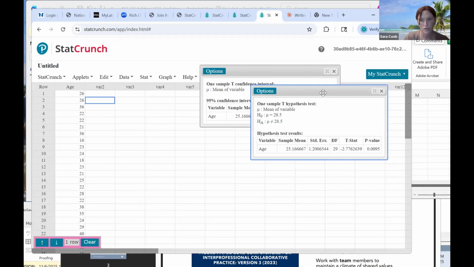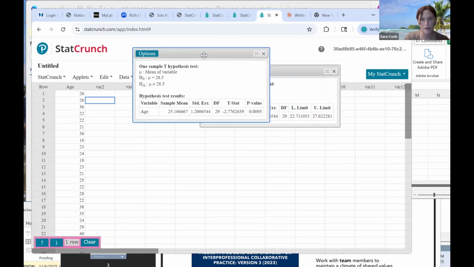Okay. So this one sample hypothesis test, which like I said, we don't do that often, says we've calculated a sample mean of 25.1. How likely is it that we would find a mean as different from 28.5 as 25.1 by chance alone?